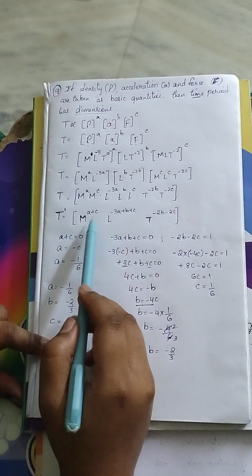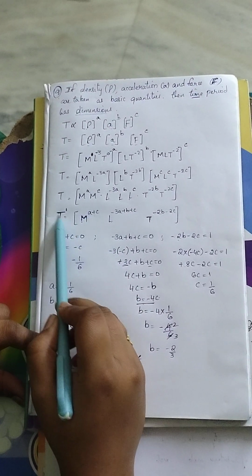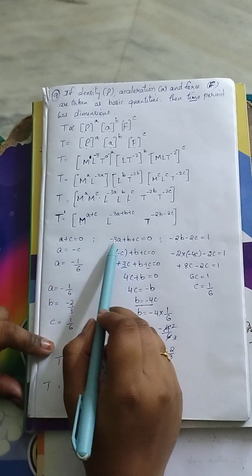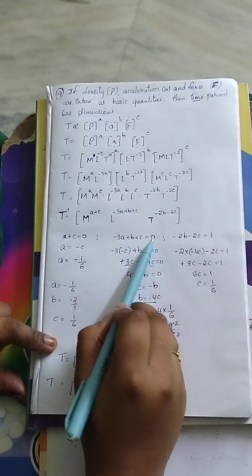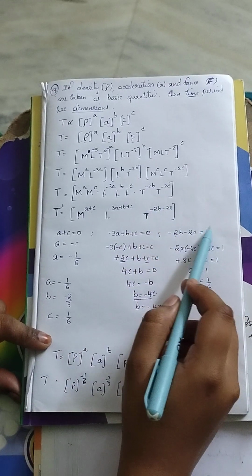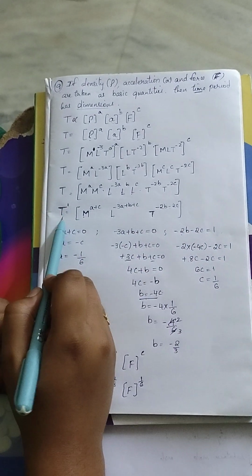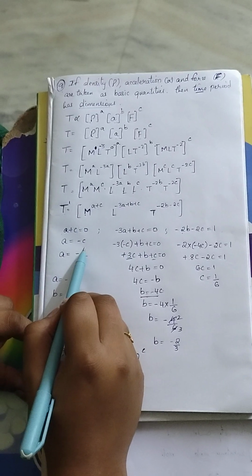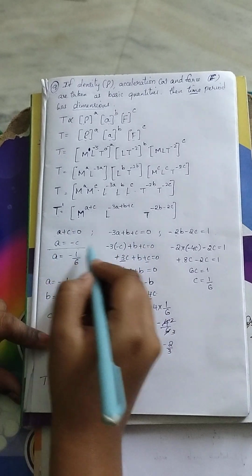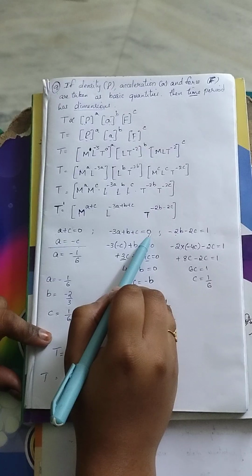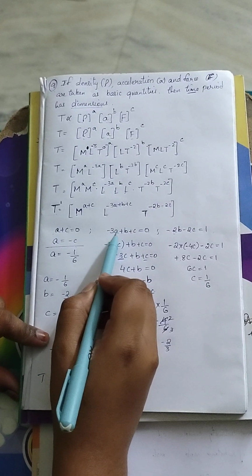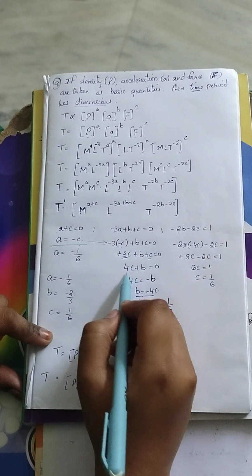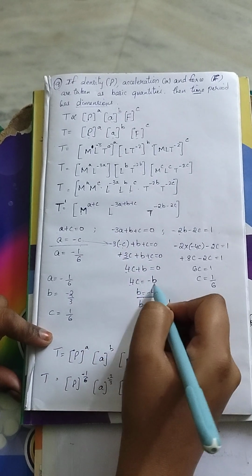So here it is clear that there are no M terms and no L terms. So a plus c is equal to 0, minus 3a plus b plus c equals 0, and minus 2b minus 2c is equal to 1 because we are having T here. So we solve a is equal to minus c. Later, by solving this equation, we substitute a is equal to minus c here, and we get 4c is equal to minus b.